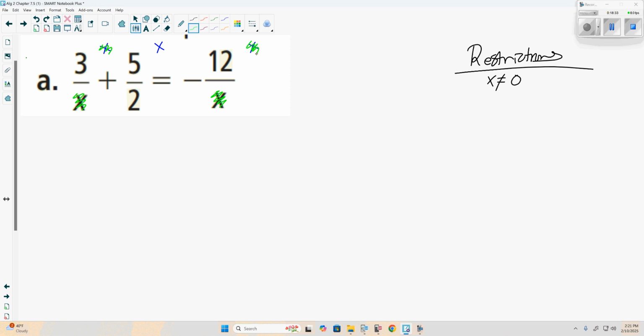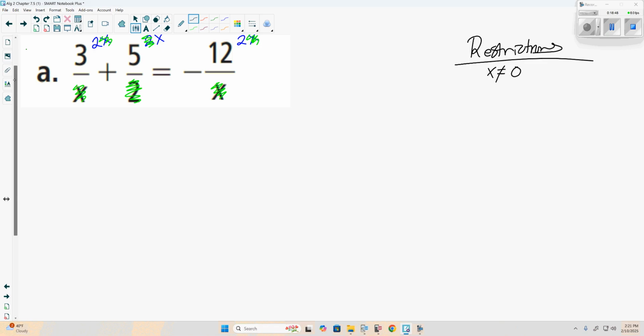Do we have any of the denominators left? 2, so we'll also need to multiply through by 2. And that last 2 on the bottom of the fraction will cancel with that 2, leaving us with 3 times 2, plus 5 times x is 5x, equals negative 24.